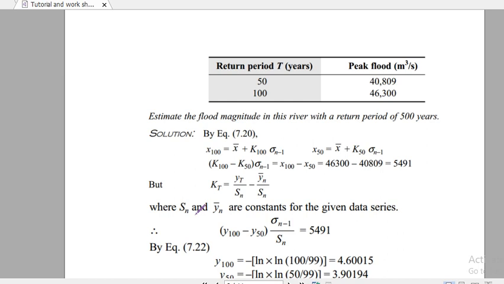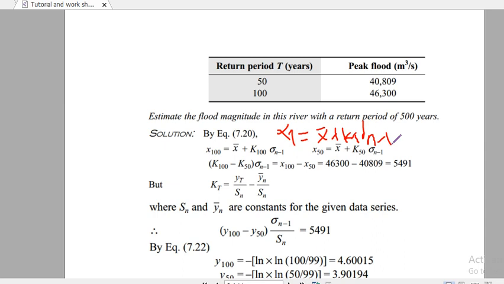First, the general frequency analysis equation should be identified. This is the general frequency equation. X is equal to x bar plus K_T, the frequency factor at a given return period, times the standard deviation, sorry.